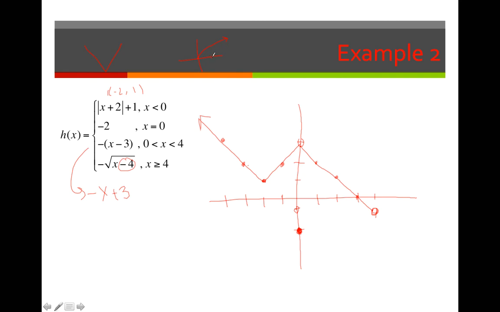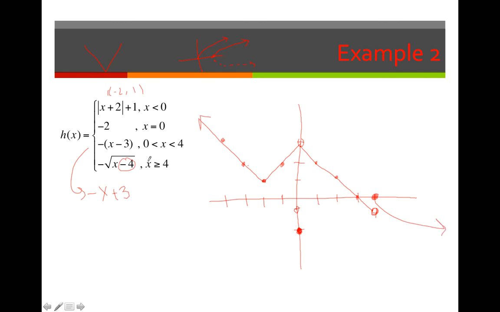So if I go right 4 units, it's going to go like this. But that negative tells me to flip it over the x-axis, so it's going to go like that. So over at 4, I move to the right 4, and instead of going up and to the right, it's going to go down and to the right. So it looks something like that.